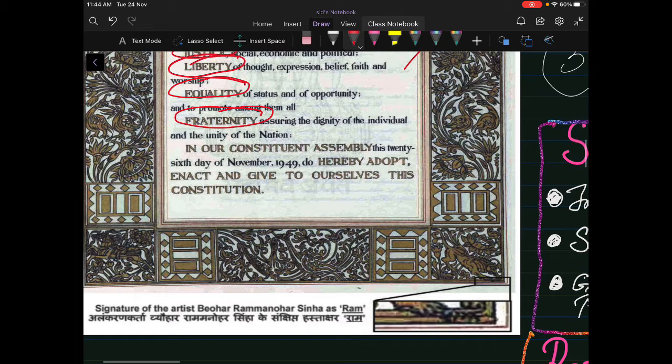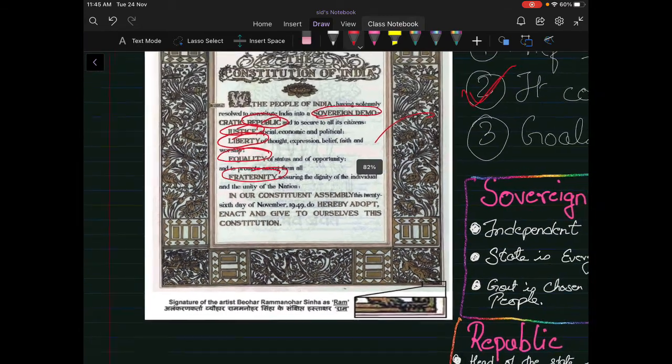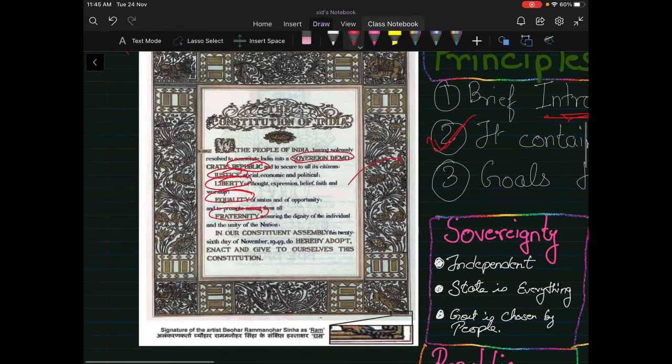And in our Constituent Assembly, this 26th of November 1949, do hereby adopt, enact and give to ourselves this constitution. Okay, so this is the main writings inside our preamble.